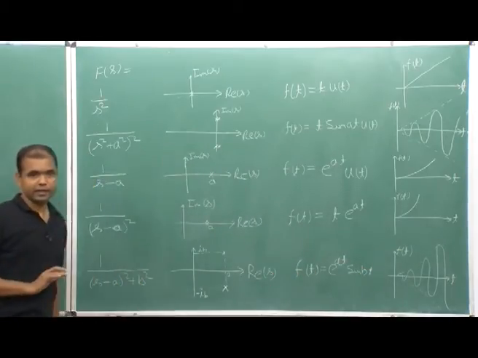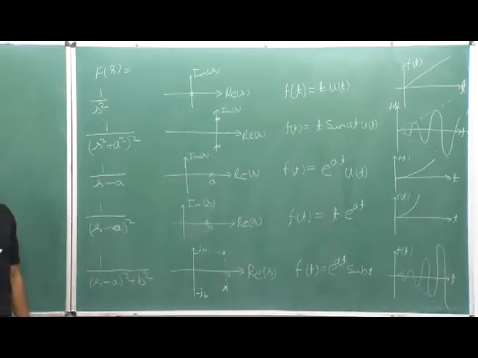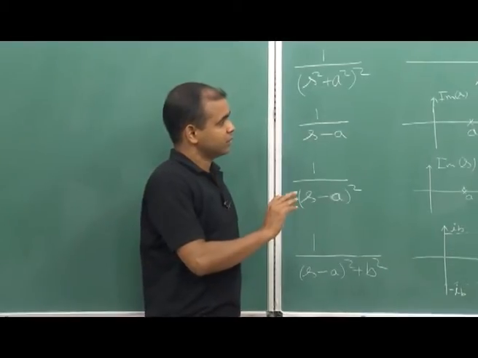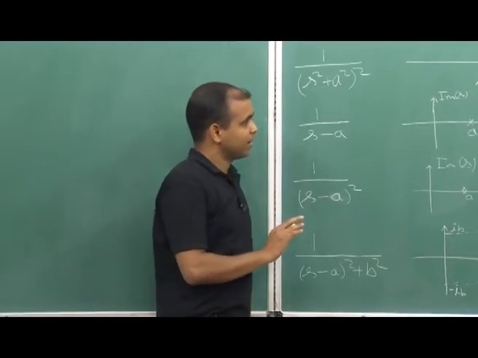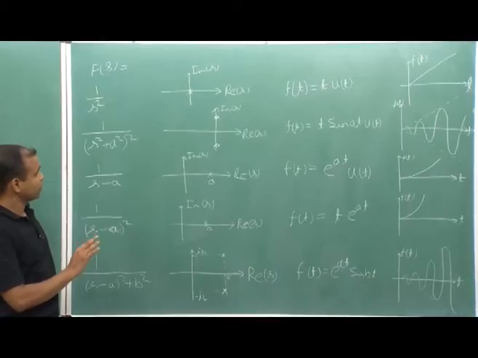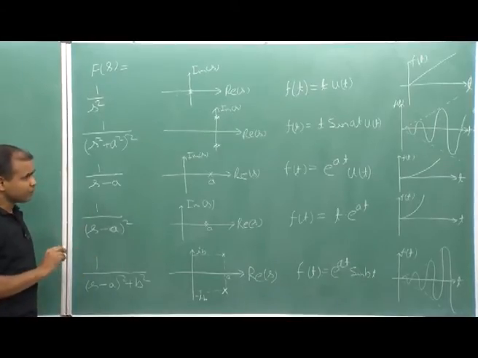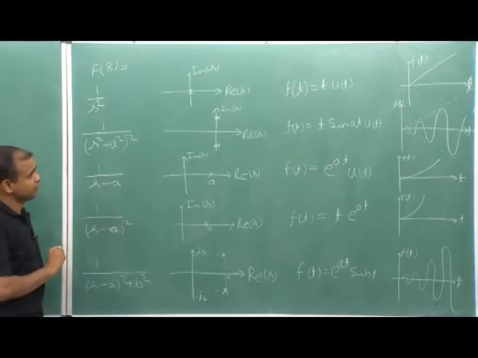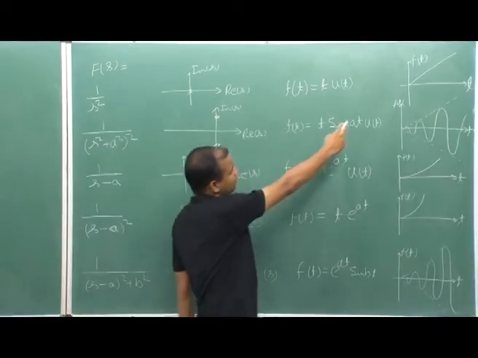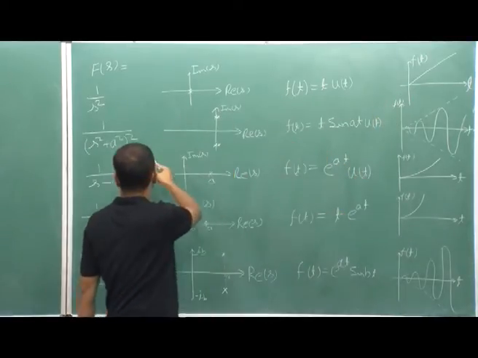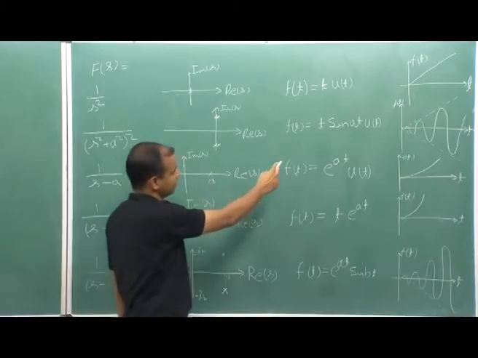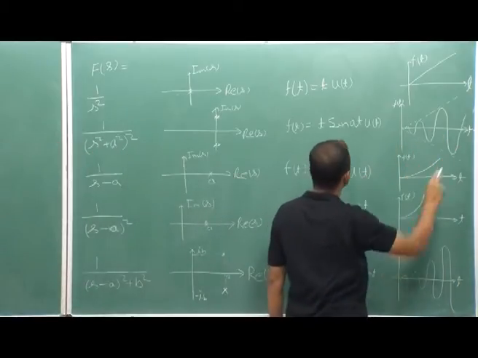So, one message is clear: if the pole is in the right half, the system will be unstable, and if there is a double pole on the imaginary axis, in that case also the system is unstable. In this example, and for this transfer function also, we get t sin(at), and the system is unstable.